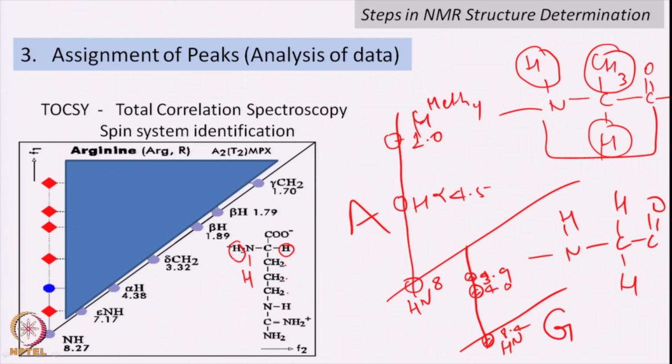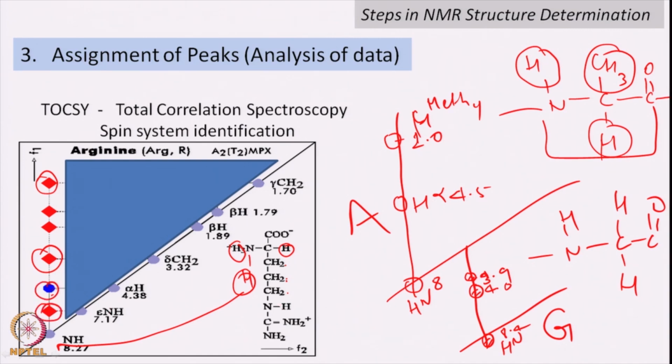So, here is coming our backbone NH, this one, 8.27. Then let us go a little back here, then we are getting CH alpha here, CH beta here, CH beta at 1.89 and here, and then gamma are here, and then delta is here, and these are coming from the side chain. Side chain NH is around 7.7.